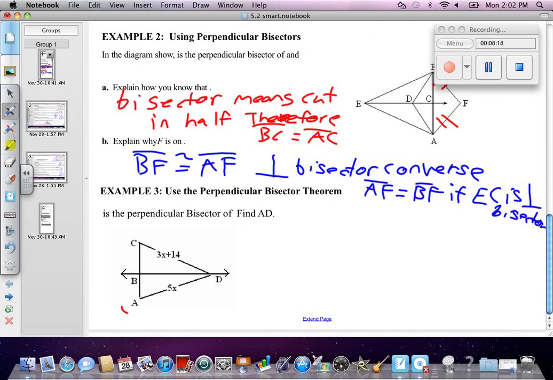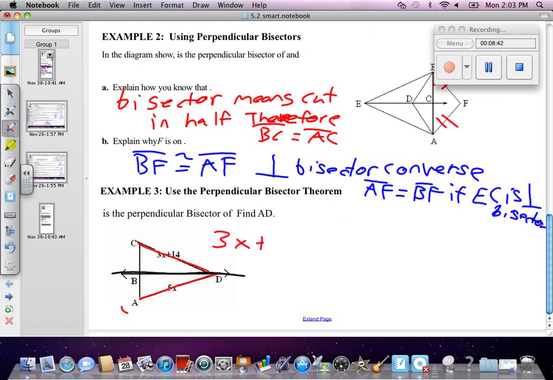We need to find AD. We know BD is the perpendicular bisector of AC. How would we find AD? Because by definition of bisector, AD is equal to CD.